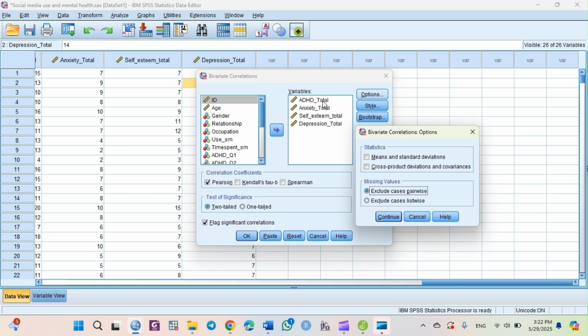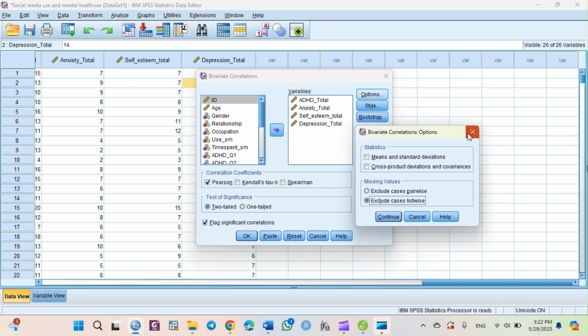For example, if there is missing data in ADHD and the other variables are okay, it only removes that case from ADHD and holds it for the other variables. But if you click listwise, it removes that case from all of the others, even if the value is available in other variables.